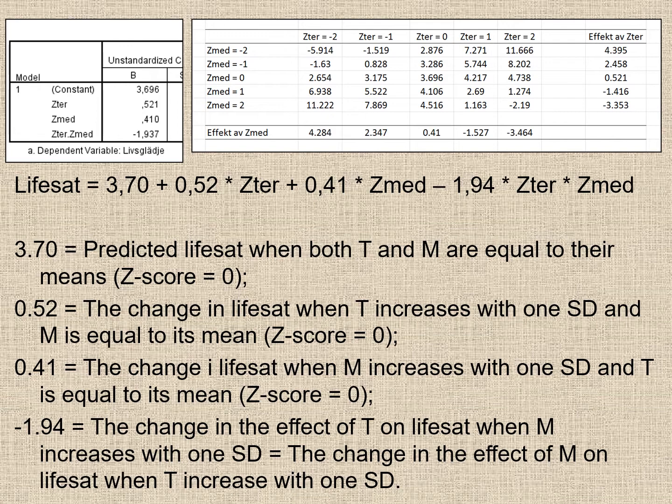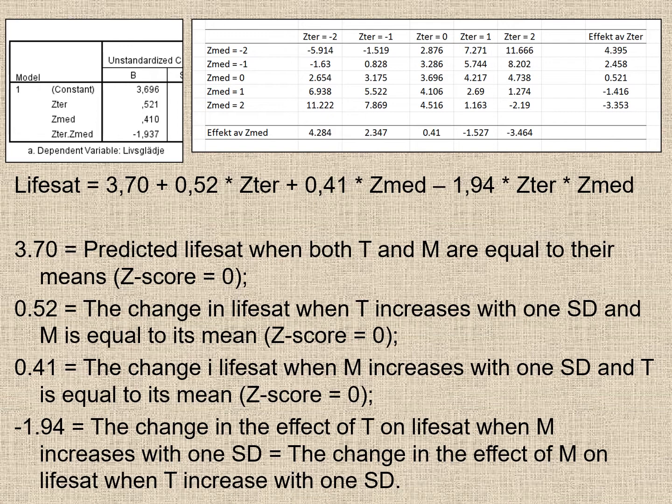What happens with the effect of zeta therapy here when medication increases? Because we have a significant interaction term, it indicates that the effect of therapy on life satisfaction changes if we change medication. So here I have calculated the effect of therapy on life satisfaction for different levels of medication.